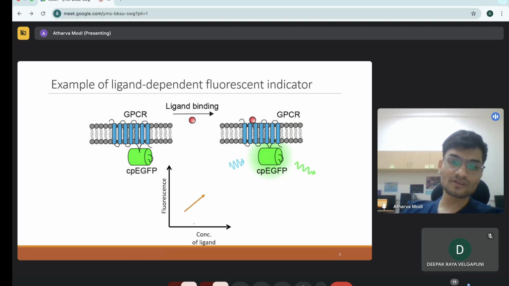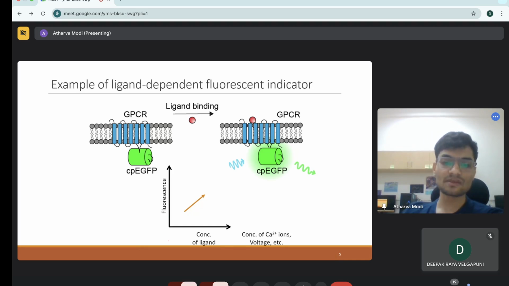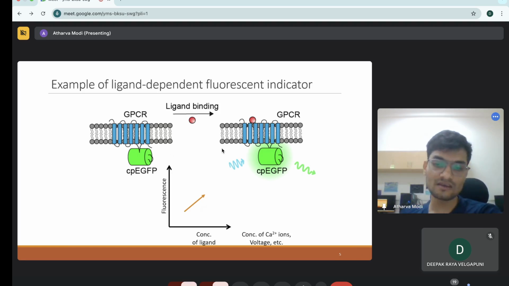So the fluorescence increases as the concentration of ligand increases. Now, you can design different kinds of proteins. You can design proteins which vary fluorescence based on the concentration of calcium ions, which is not a ligand, it is an ion. You can change it on the basis of voltage, or on the basis of the presence of different chemicals.